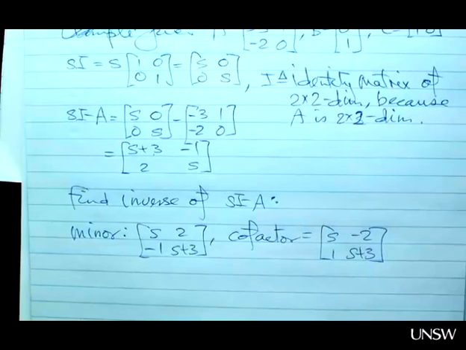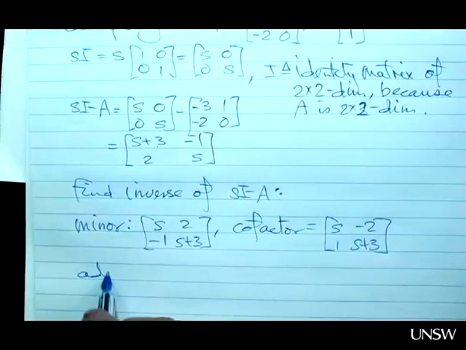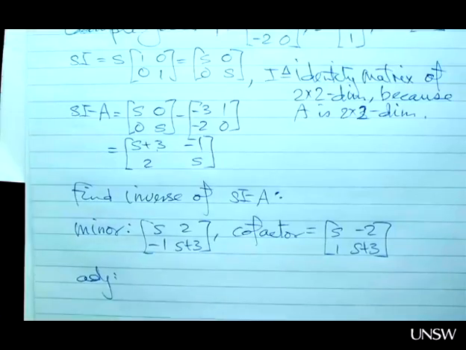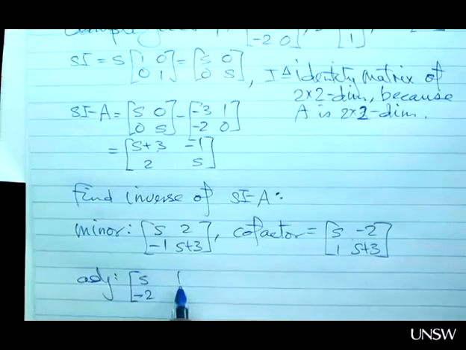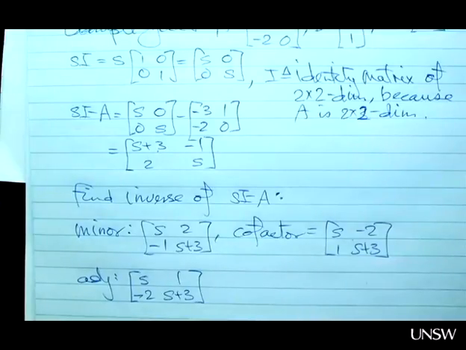And then the adjoint matrix is the transpose of the cofactor, so it is s, then minus 2, 1, s plus 3. Those are the procedures that we went through in the revision of matrix algebra, right?